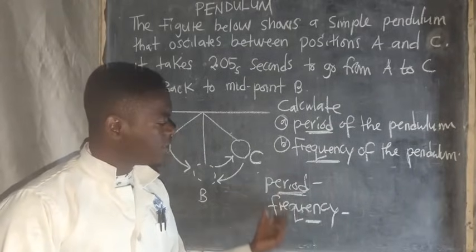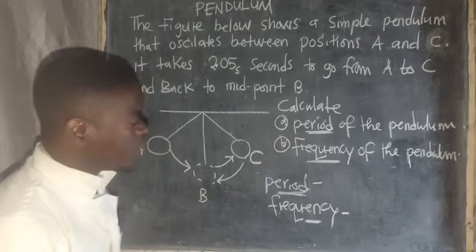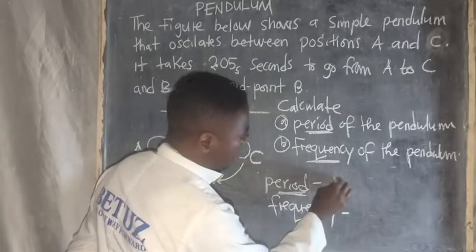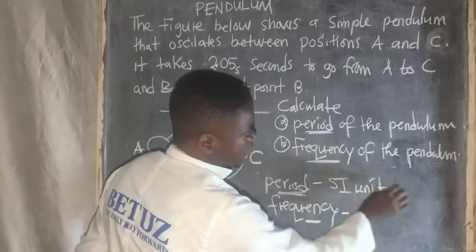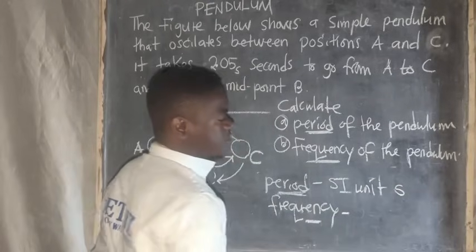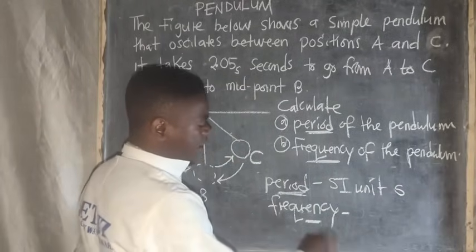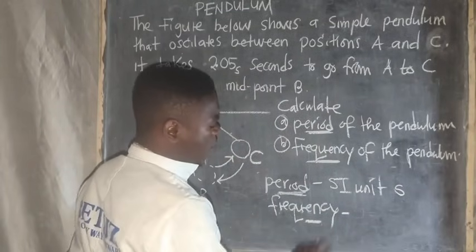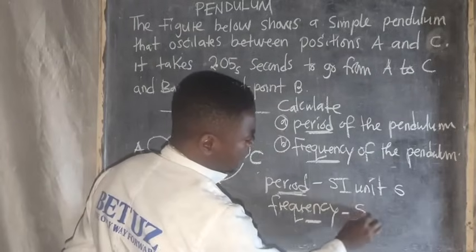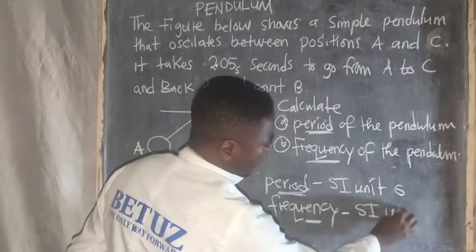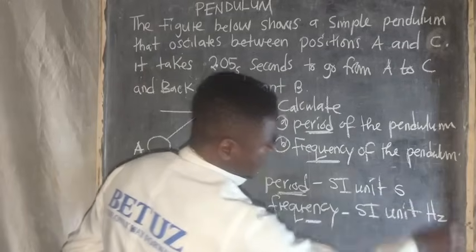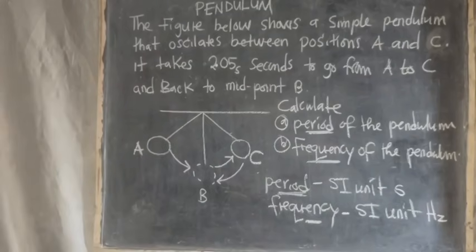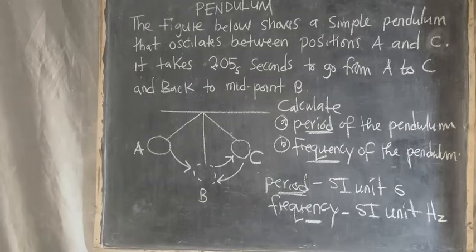There are formulas that we use. The SI unit for period is seconds. The SI unit for frequency is what we call Hertz, Hz. This is what you need to know and understand.